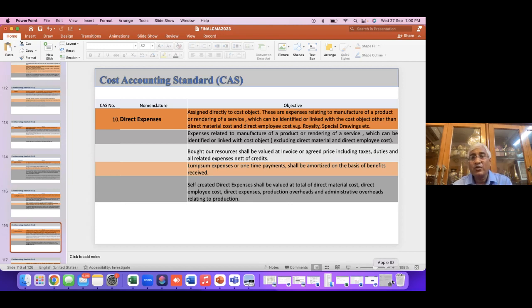Lump sum expenses or one-time payments shall be amortized on the basis of benefits longevity. Self-created direct expenses shall be valued at total of direct material cost, direct employee cost, direct expenses, production overheads, and administration overheads relating to production.